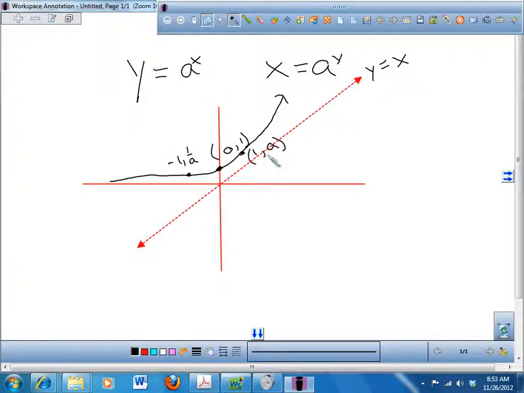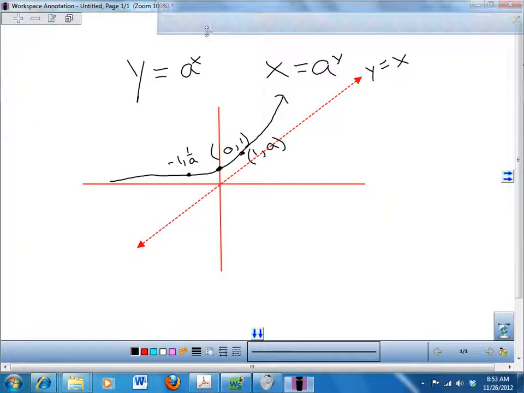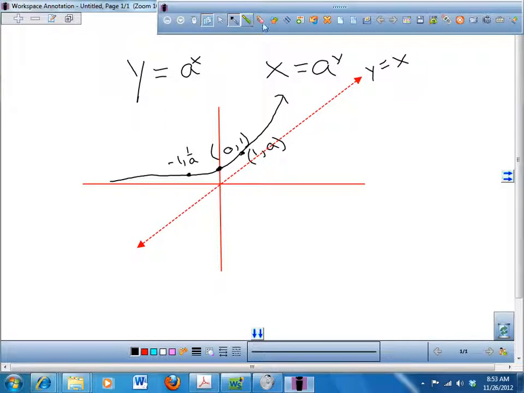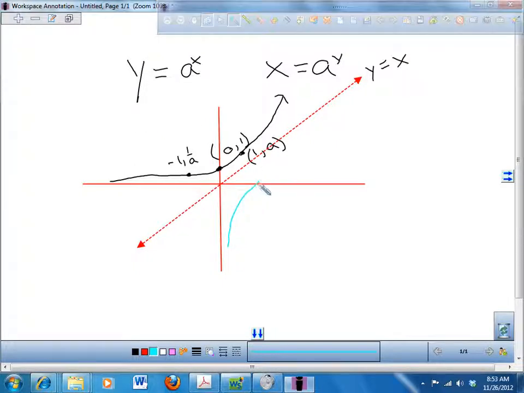If I do a reflection of this curve over this line, what I get is the graph of the logarithmic function, and it looks just like this, and it goes up like this. You understand?